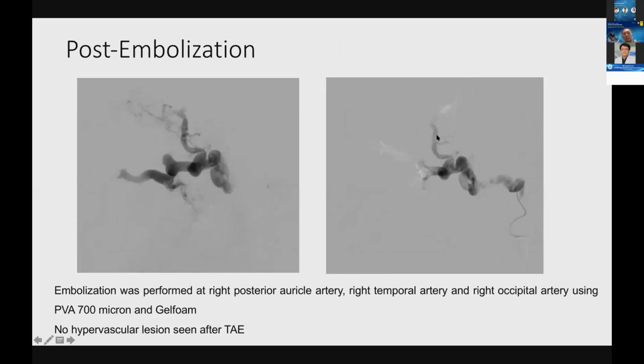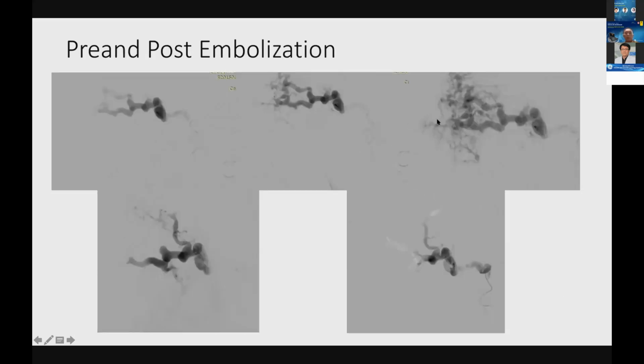We use PVA and gel foam. After embolization, the nidus of the AVM disappeared. This is before embolization, and this is after embolization.